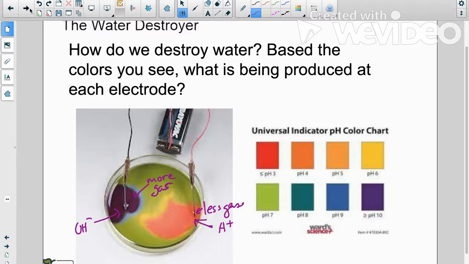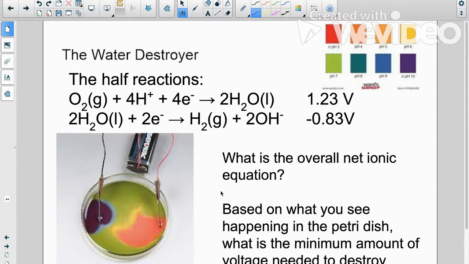Well, we got to look at the half reactions from our standard reduction table, and here are the two that agree with what is happening at each electrode. So over here we have some H plus, okay? And so this is getting produced. So this reaction is not the one that's happening. You've got to flip this to show what's actually happening.